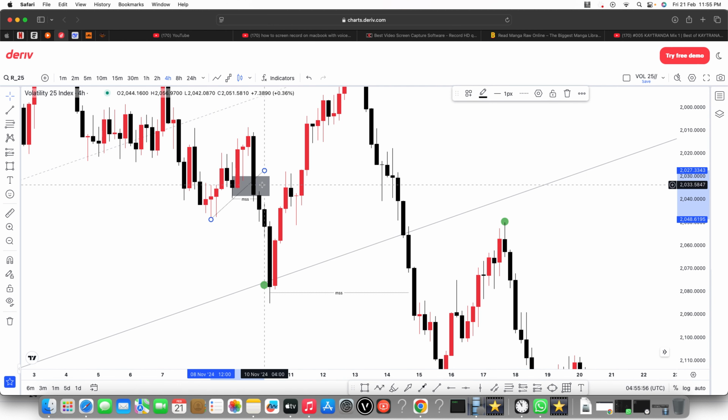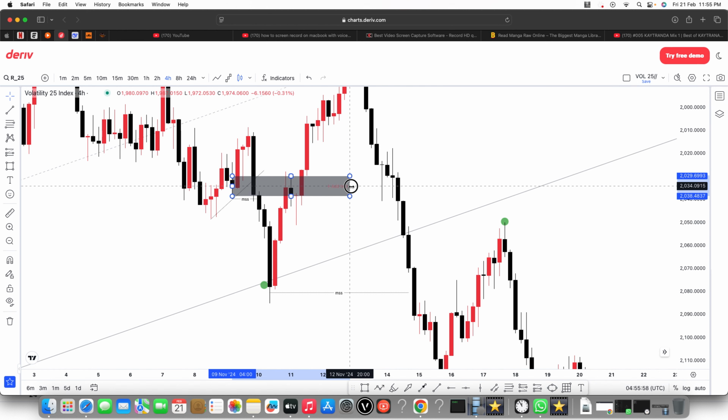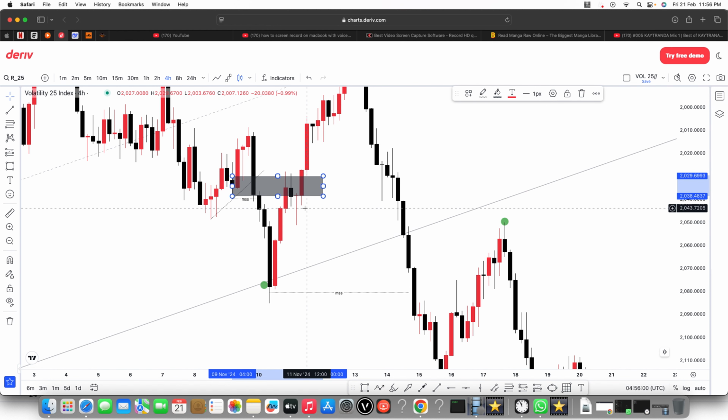Now, because this uptrend was broken, it created a breaker block. So the previous area of demand becomes an area that is now broken, and we call it a breaker block zone.